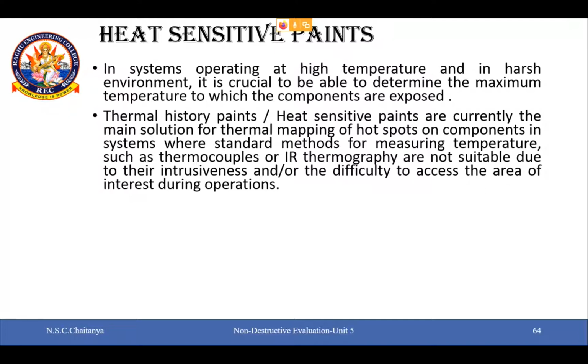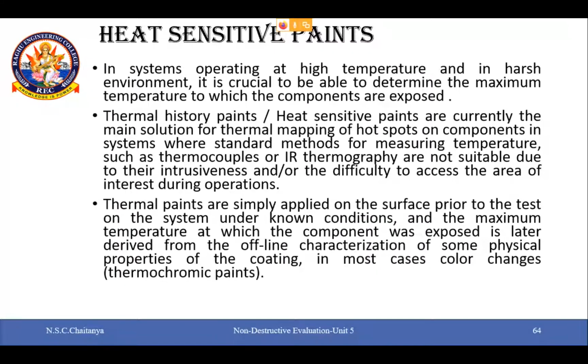So what exactly happens is that in very huge machinery, if we want to do a specific temperature test on a specific component, there might be some intrusiveness, that is, this component might be intruding into other components, or it might be difficult to access the area so that we can directly test it. In such scenarios, heat sensitive paints are the saving grace. They will help us a lot in such cases.